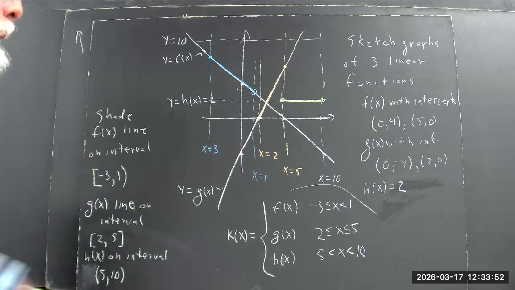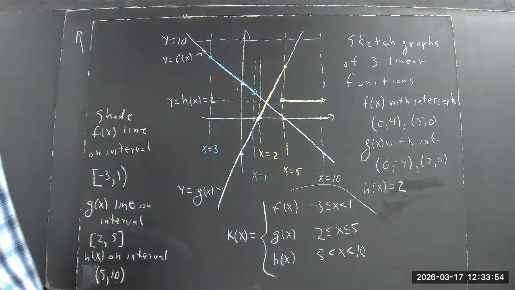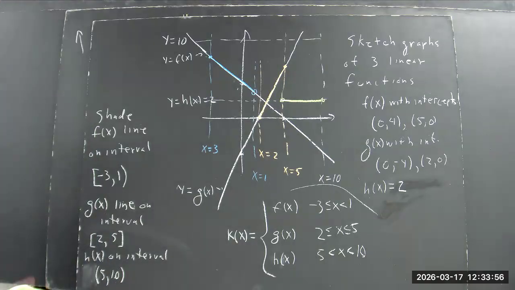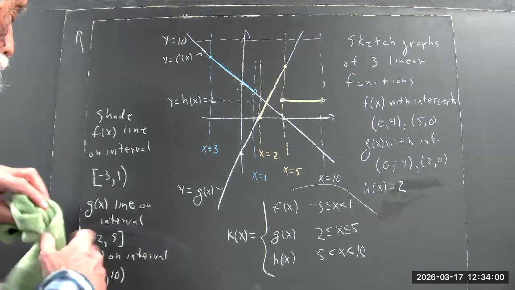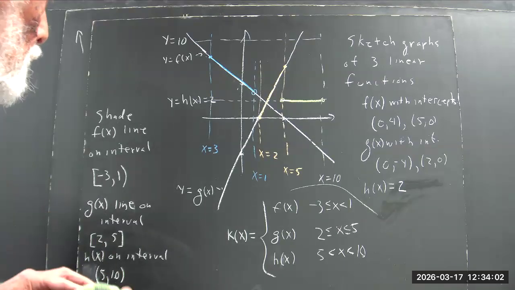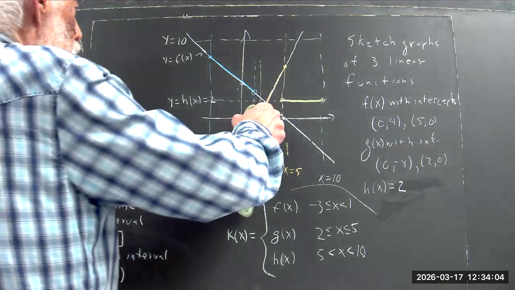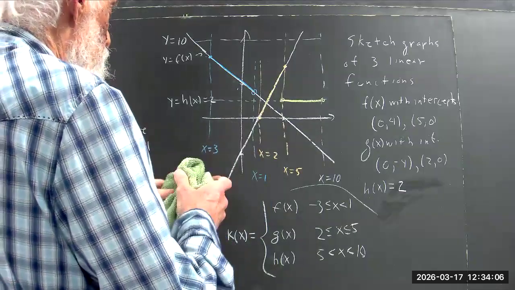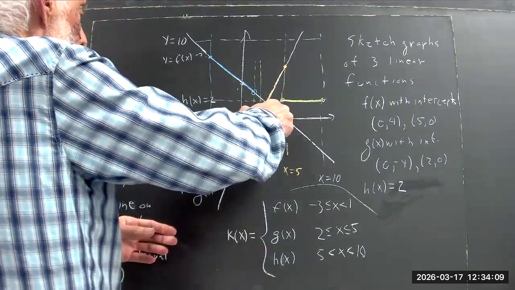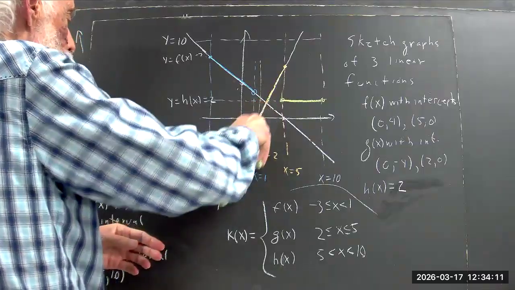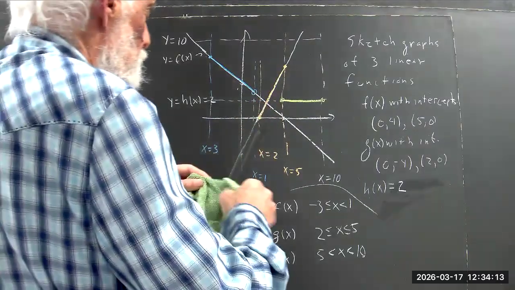I'm not going to do that, but that would be easily done. So that's the idea of piecewise functions. I can also, especially if I draw my functions light, go ahead and erase the parts that we haven't used.